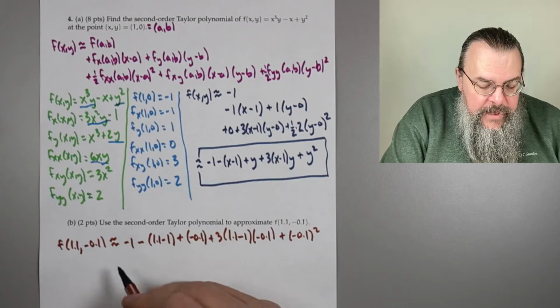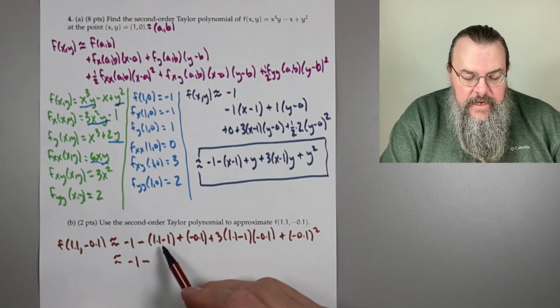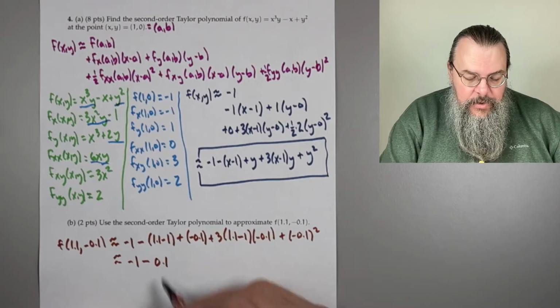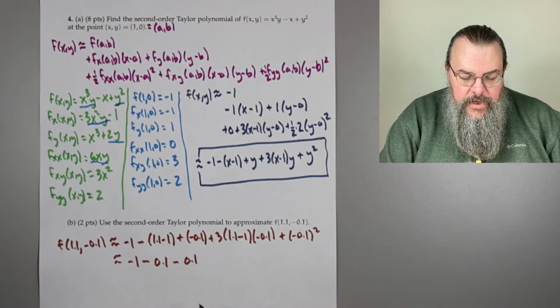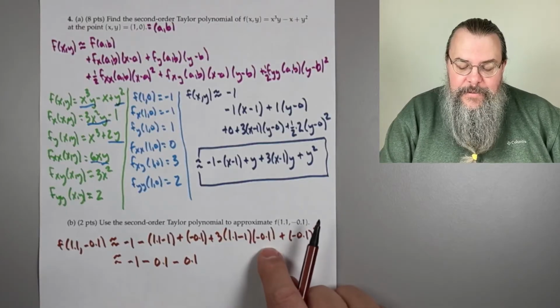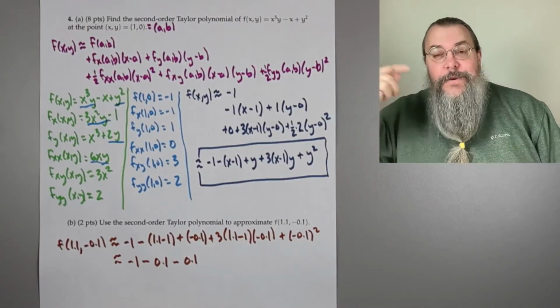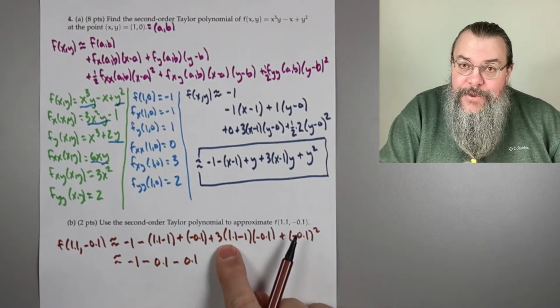Okay, so what do we have? This is minus 1, subtract 1.1 subtract 1, which is 0.1. Then we have subtract 0.1. 1.1 subtract 1 is 0.1 times 0.1. That's like 1/10 times a tenth, which is 1 over 100, or 0.01, times a 3.